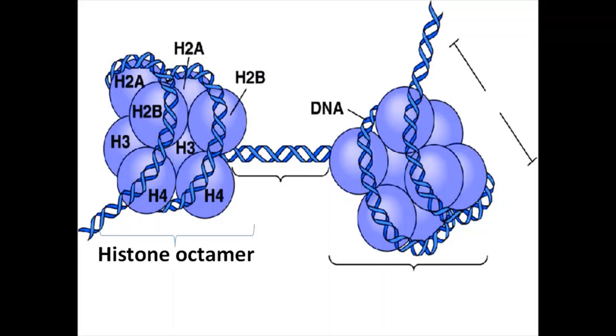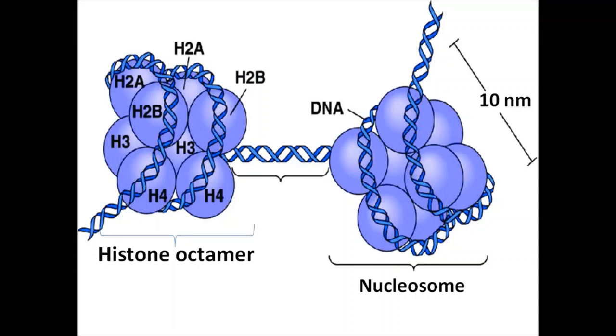This super twisted helix forms a spherical particle of 10 nanometer diameter. It is called a nucleosome. Each nucleosome consists of an octamer and 146 base pairs of DNA.